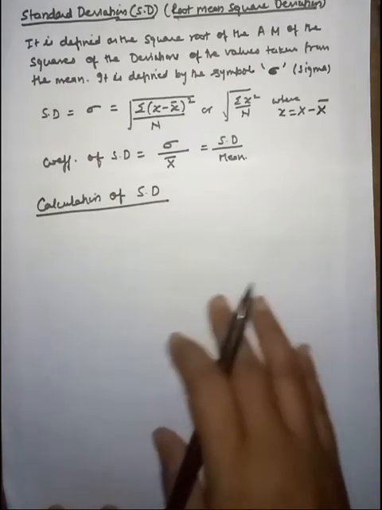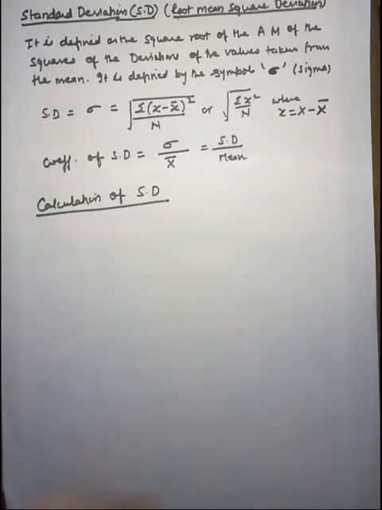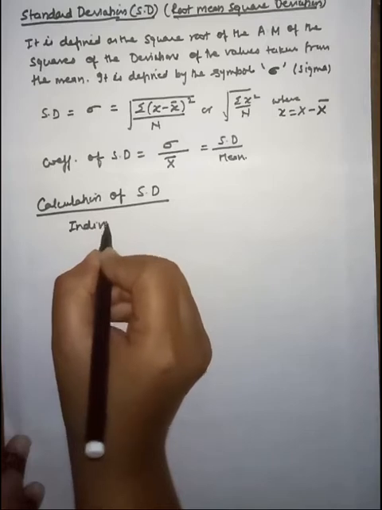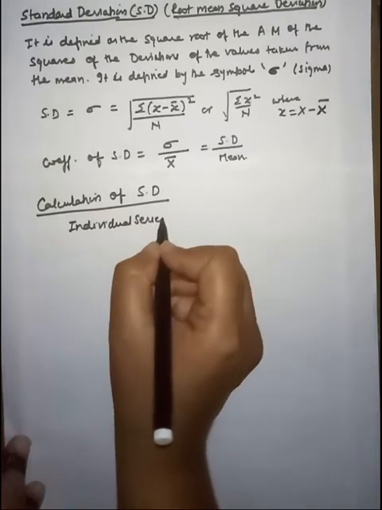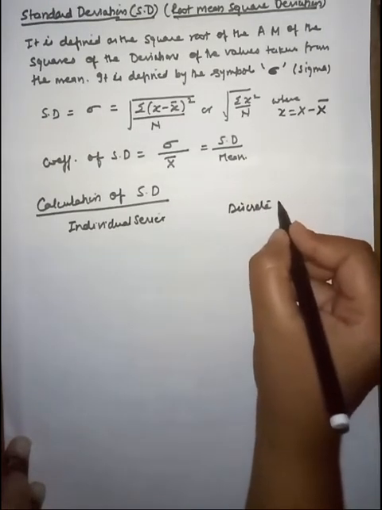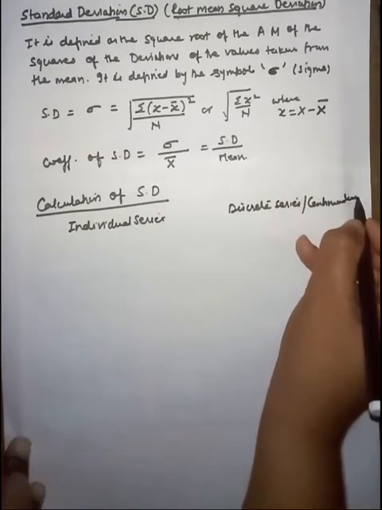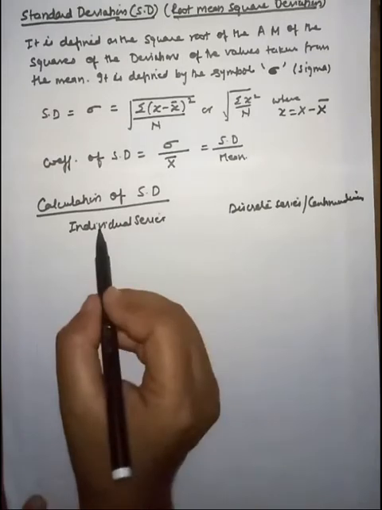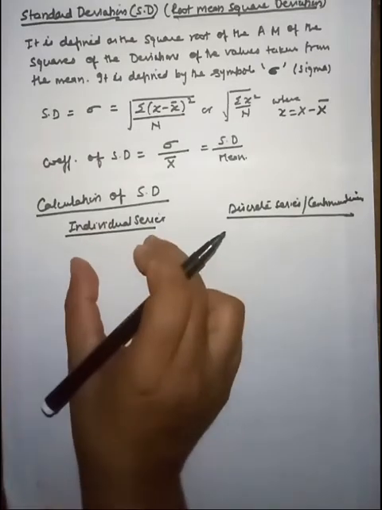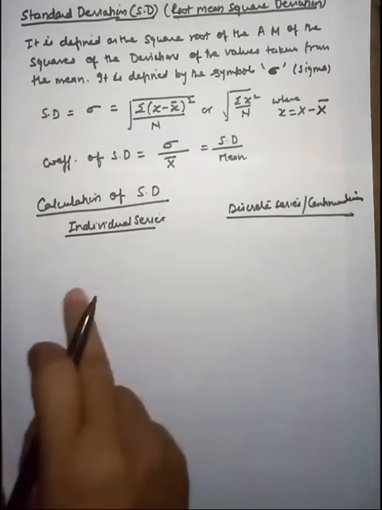So what is the formula for the standard deviation of these three series? Here I make a chart. I will take the individual series, discrete and continuous series. Friends, in individual series I told you direct method, shortcut method, and step deviation method.